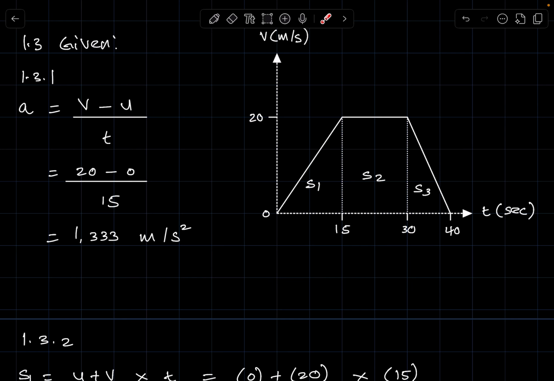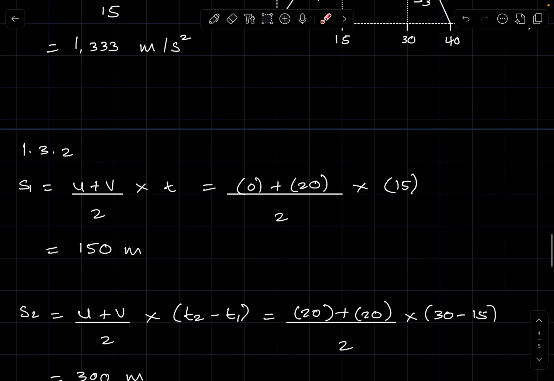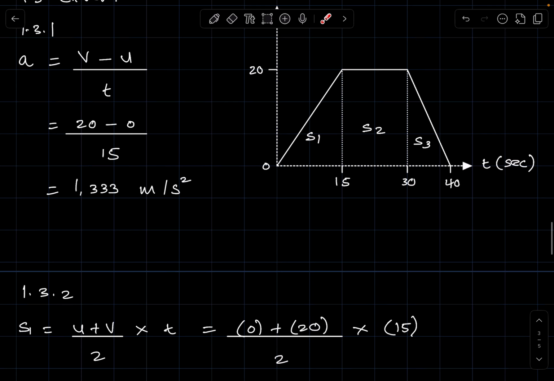Now another way would be to calculate the area under the graph. That's the most obvious one. But I had to show you this one first because the other two we already discussed in the first video on motion, power, and energy. So you can use this method or you can use area under the graph.